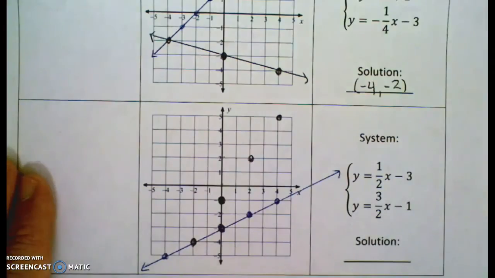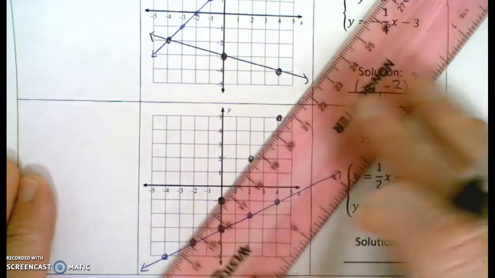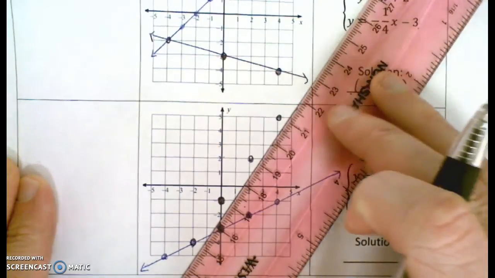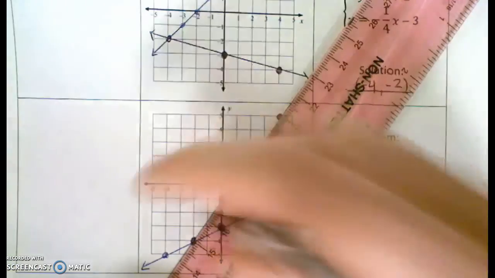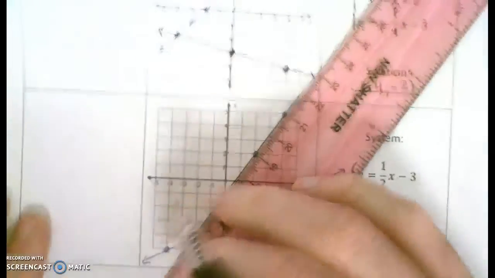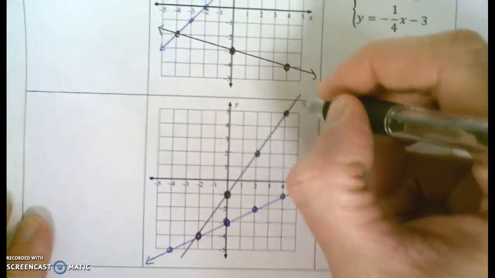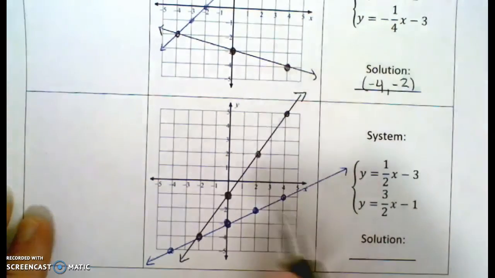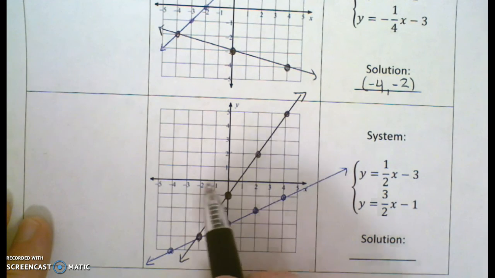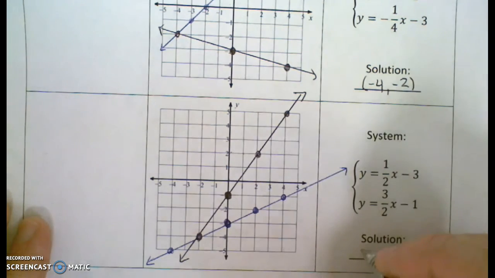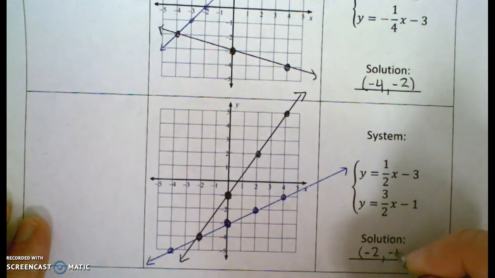So now I can see clearly where that intersection is again. So my location of my intersection here, where these lines are crossing, is at (-2, -4). Remember, it always is your x, your y.